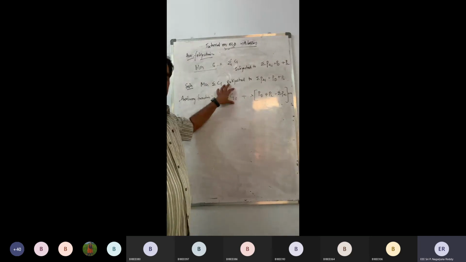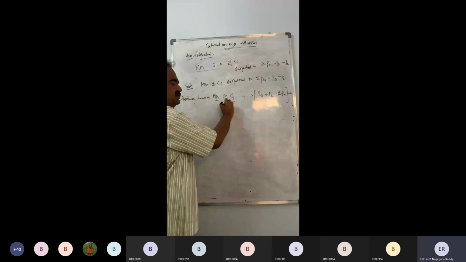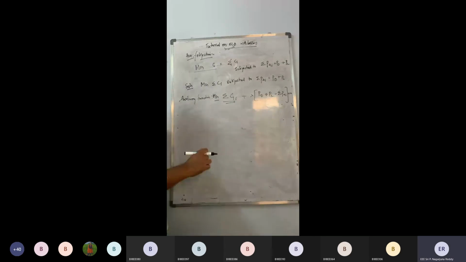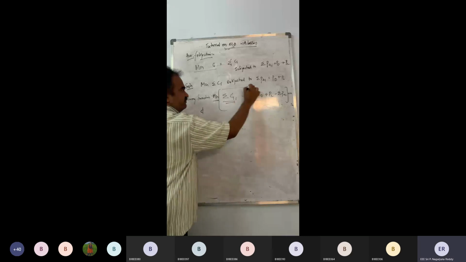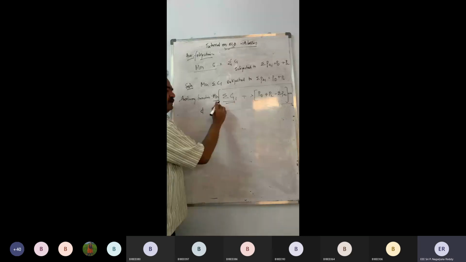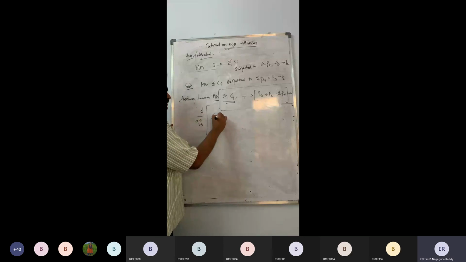This is my main problem. I am supposed to minimize this one with this constraint, and I have added some value of lambda, some arbitrary constant, called as the Lagrange multiplier. So now, for getting minimum value, I am assuming this entire as a function. For getting minimum value of this function, what I am supposed to do? I am supposed to go with first derivative of this entire function.